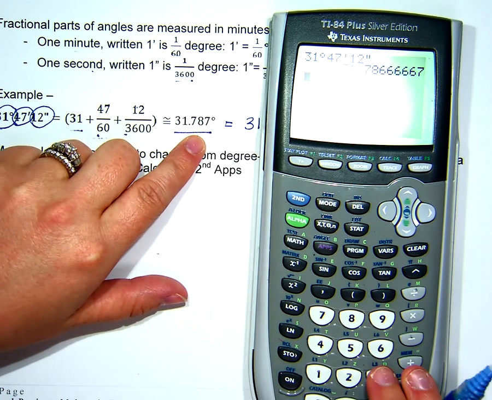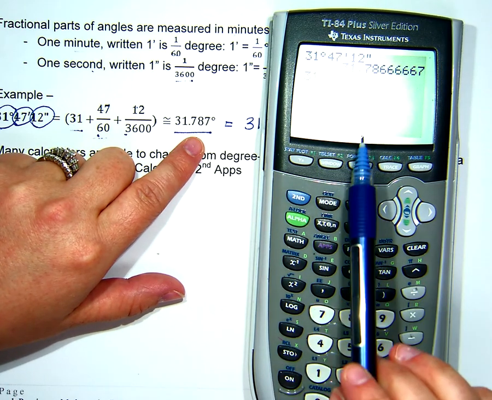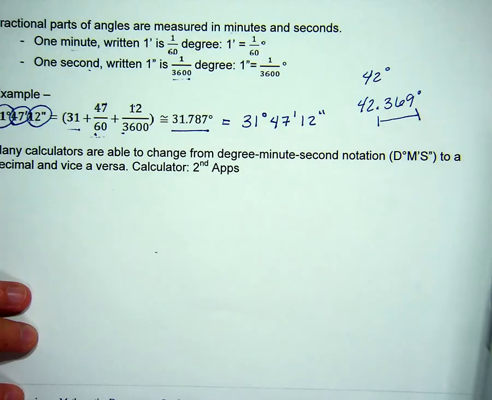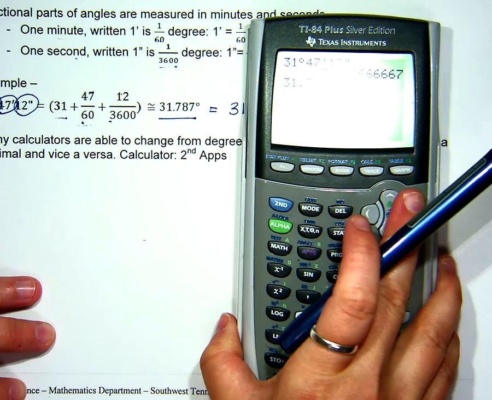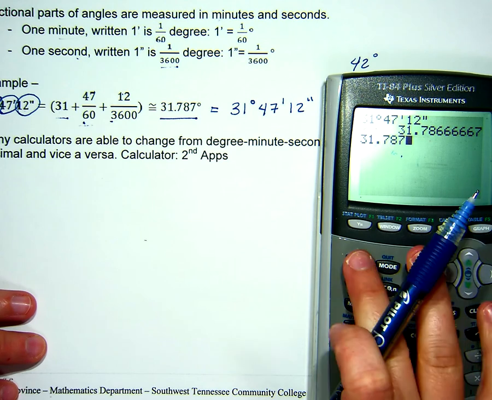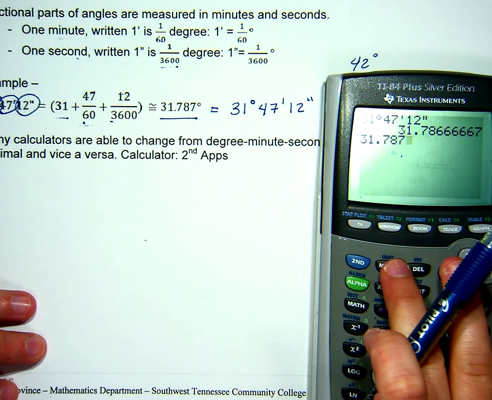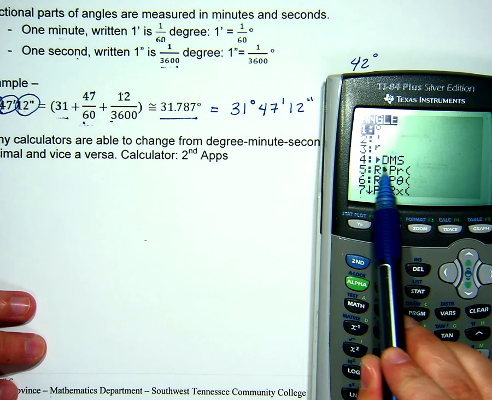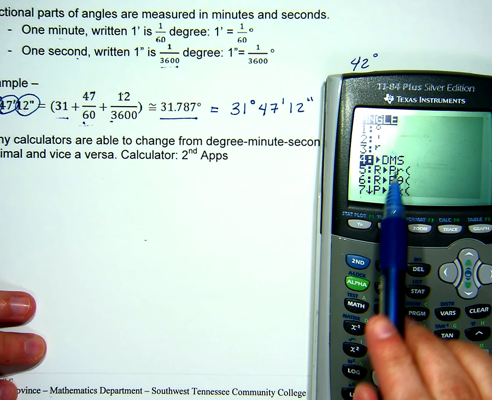Now if I want to type in 31.787, notice I've rounded, but maybe I want to change this to degrees, minutes, seconds. I've typed in my number. I'm going to hit second, angle, and notice the fourth choice here is DMS, degrees, minutes, seconds.